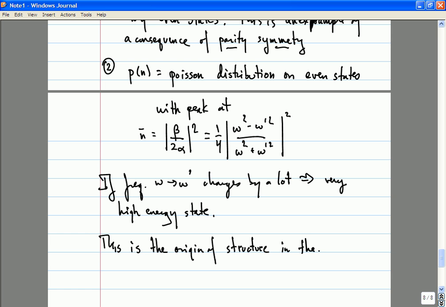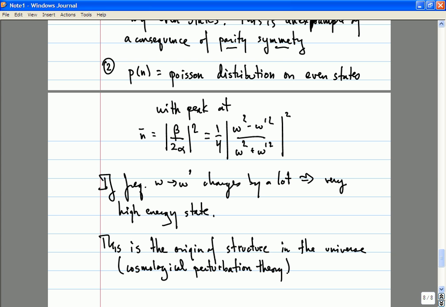So, for example, if you study the theory of cosmological perturbations, then it essentially involves the calculation that I've just described.